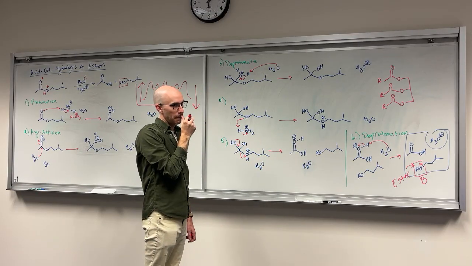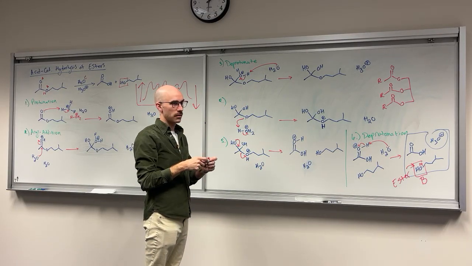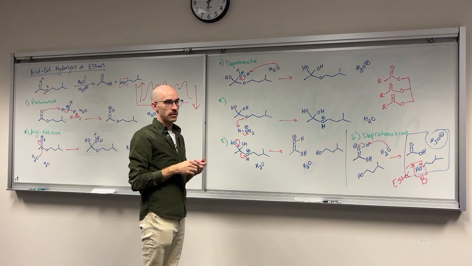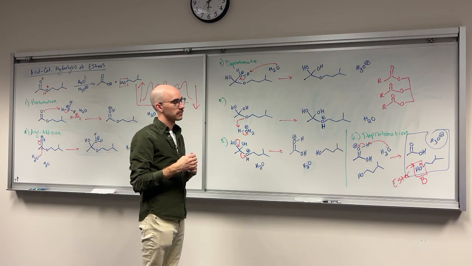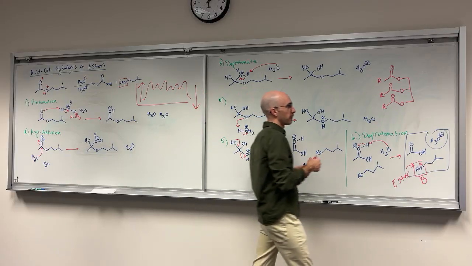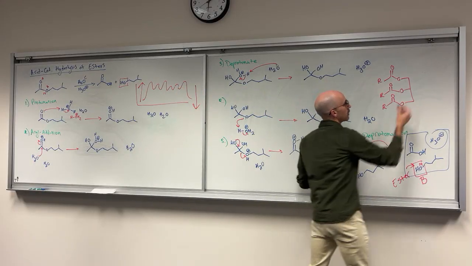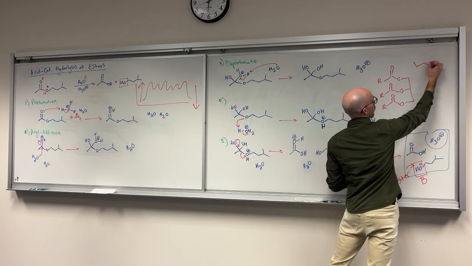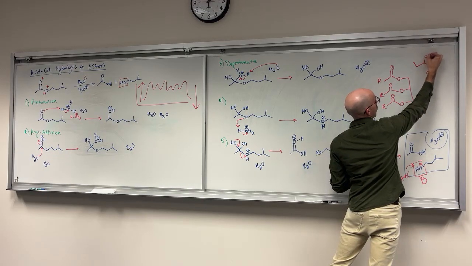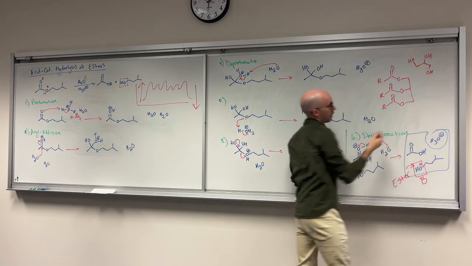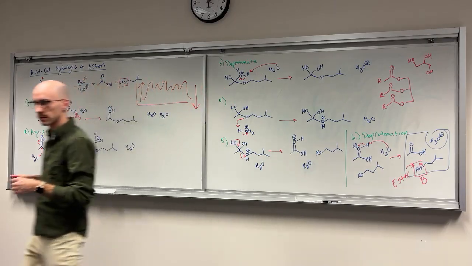Maybe it's plant fats then that have esters. Those are esters. It's a triester. And if you hydrolyze this, then you end up with a triol and 3 equivalents of acids.